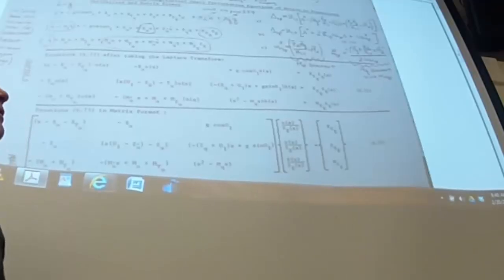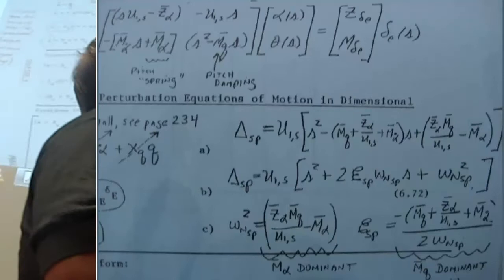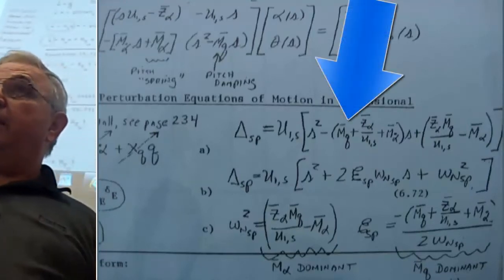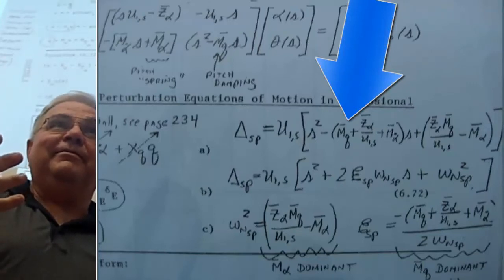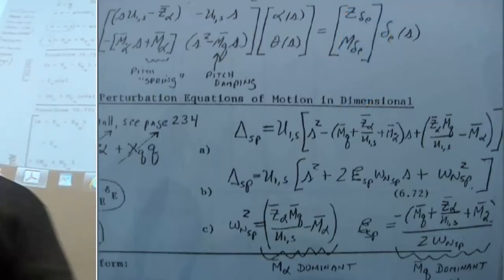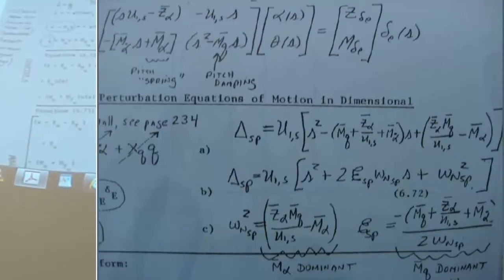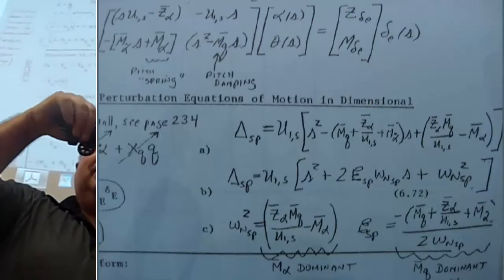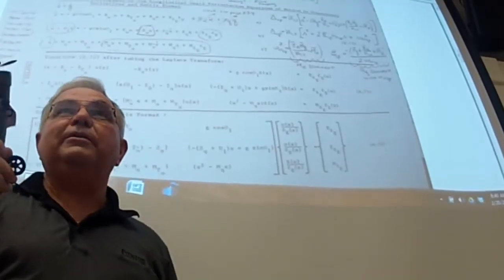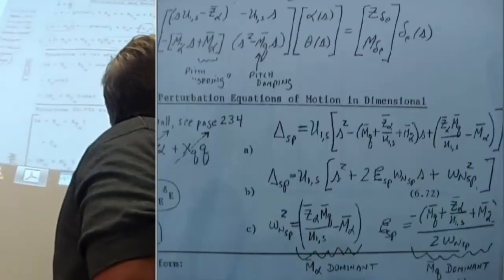Look what's hidden in there. What is MQ? It's got a name: pitch damping. It comes from CMQ. It's the restoring moment if I ever see a pitch rate. Look how instrumental MQ is in deciding the damping.